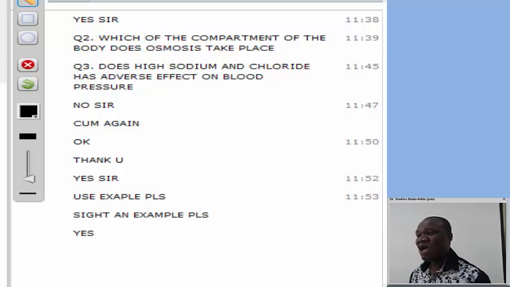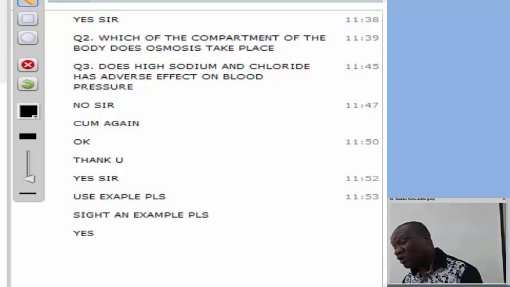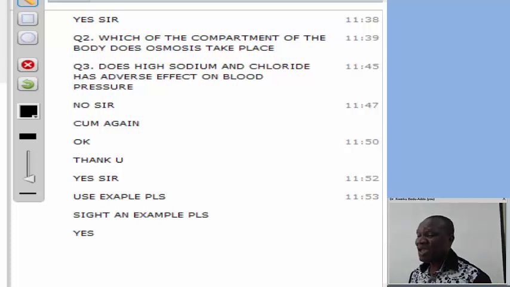So if we measure our total body water, which we can measure using heavy water, and we measure our extracellular fluid volume by using mannitol, sucrose, or inulin, we can calculate the intracellular fluid volume by a simple subtraction: total body water minus the extracellular fluid volume.